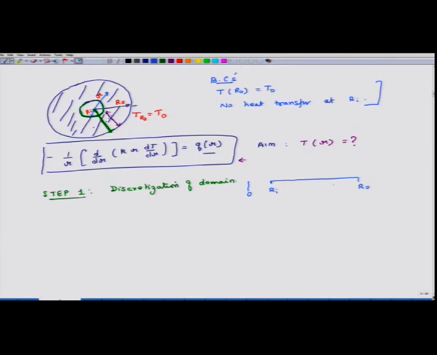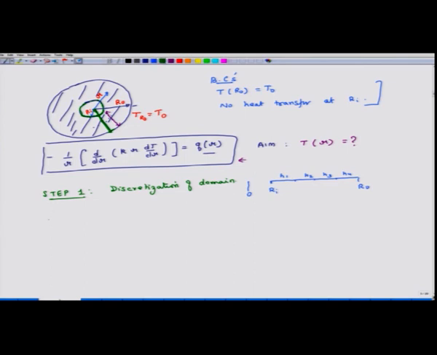The overall length of the domain is Ro minus Ri, and I can break it up into smaller elements. This first element is H1 long, the second element is H2 long, the third is H3 long, H4 long, and if I want I can break it up into whatever number of elements I want. So, this is the first step.